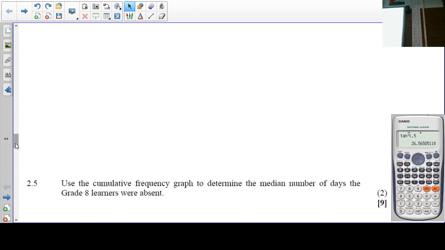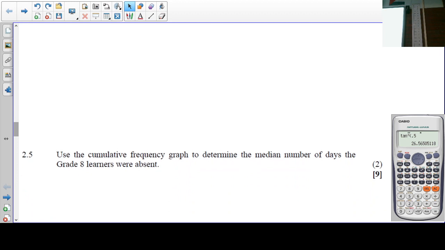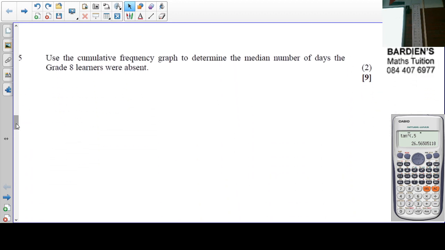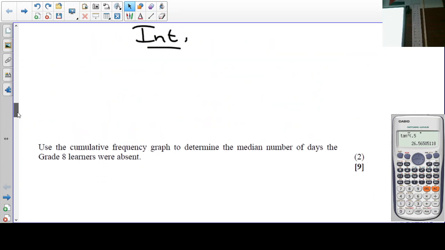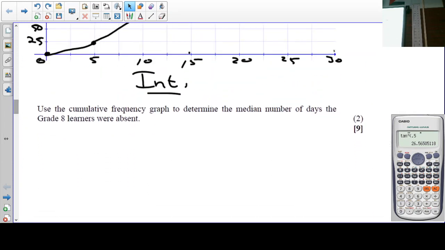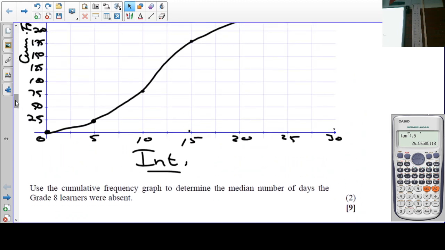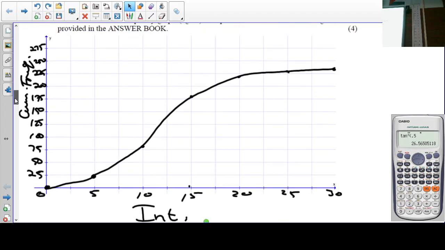Okay. Then here's another question, yes? That is your last question. Now make it so that I don't run out of space. So it says, use your cumulative frequency graph to determine the median number of days the grade 8 learners were absent. So the median is the middle number of sorted data.